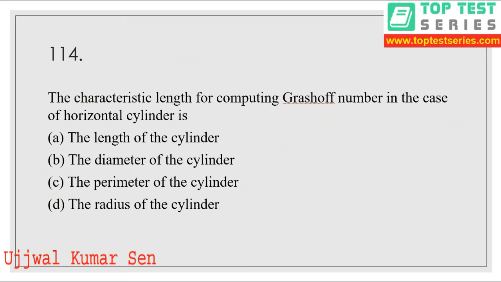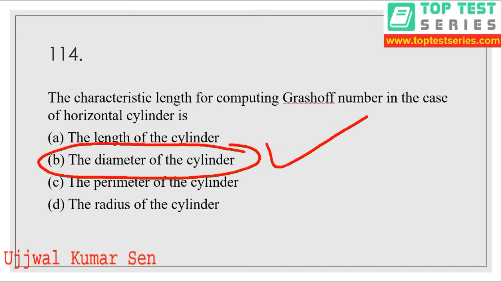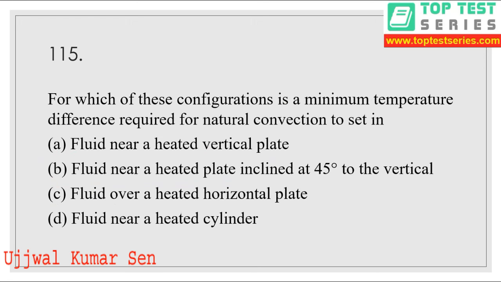Question number 114. The characteristic length for computing Grashof number in case of a horizontal cylinder is, my dear, we have done this. That is the diameter of the cylinder. So option B is the correct answer. Question number 115. For which of these configurations is a minimum temperature difference required for natural convection to set in?